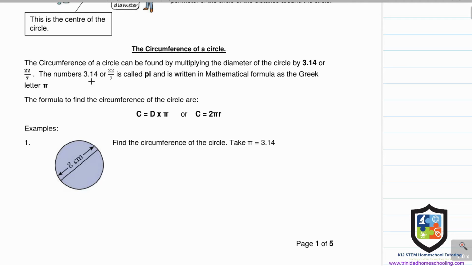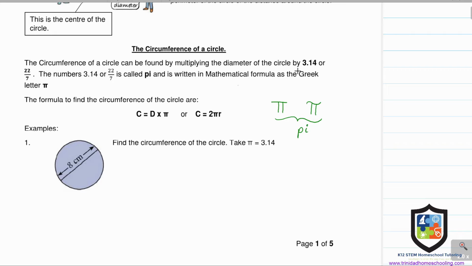The numbers 3.14 or 22 divided by 7 are called pi, and it is written in the mathematical formula as the Greek letter looking like this. Sometimes it's a straight line with 2 lines coming down, or a curly wave line with 2 lines coming down. All these represent pi.